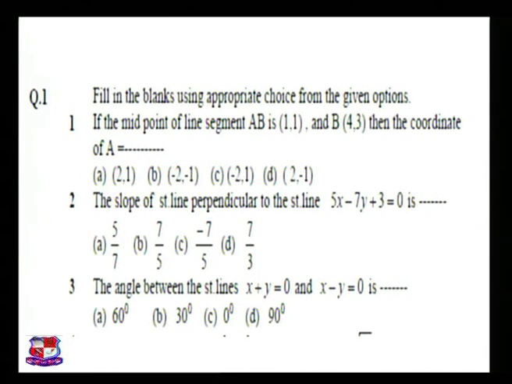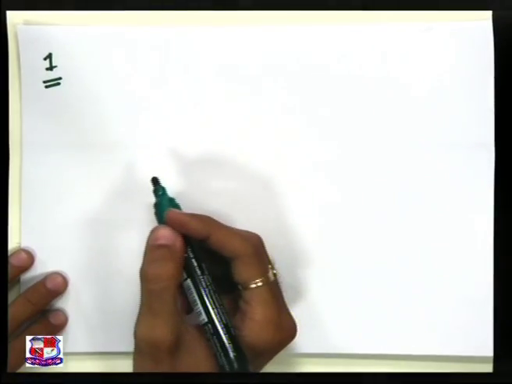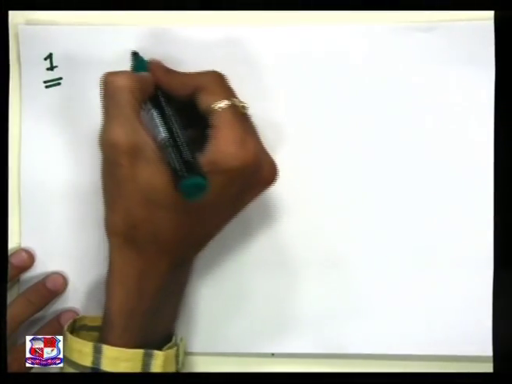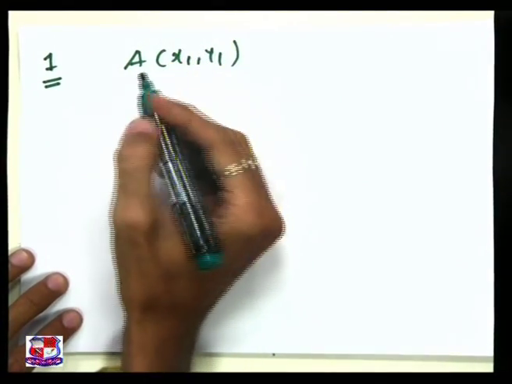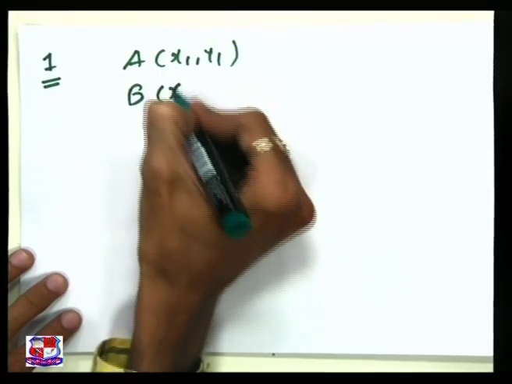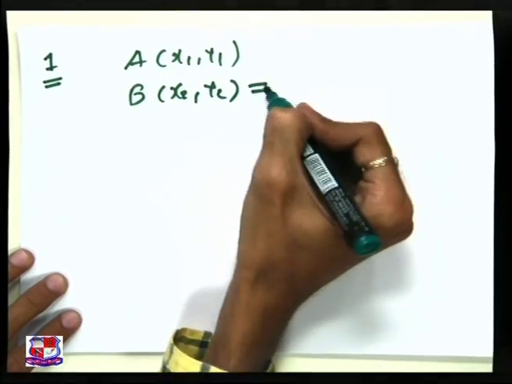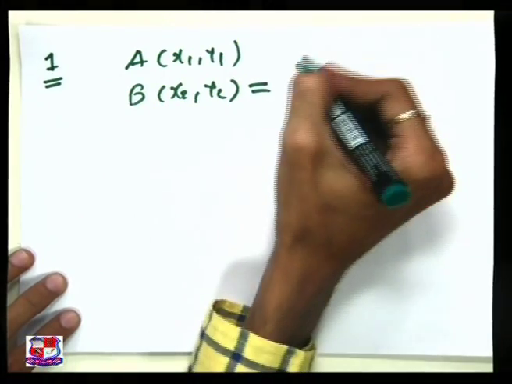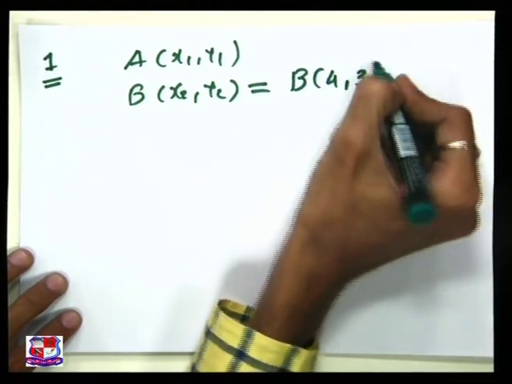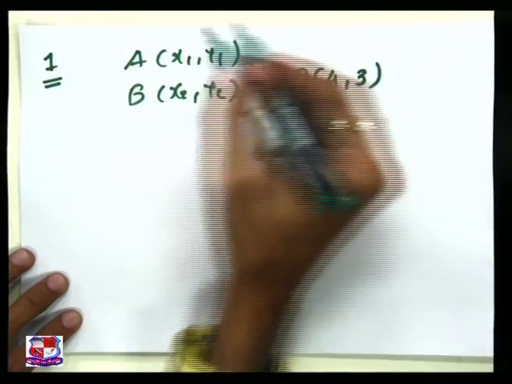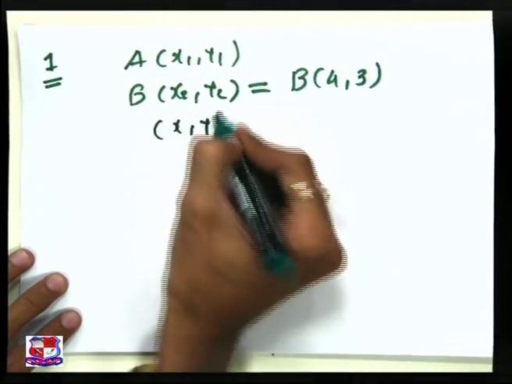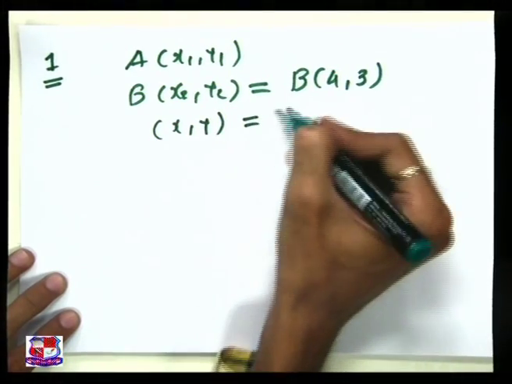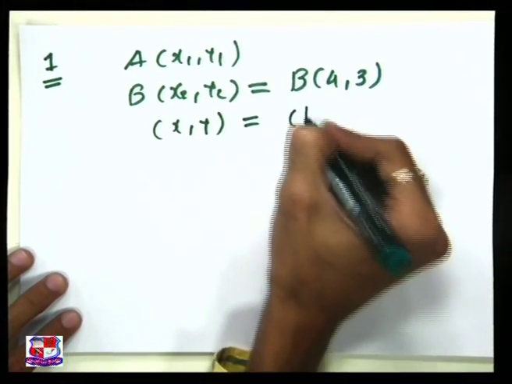Let A be (x1, y1) and B be (x2, y2). Here B (x2, y2) is equal to (4, 3), as given in the question, and let the coordinates of the midpoint be (x, y), which is given as (1, 1).